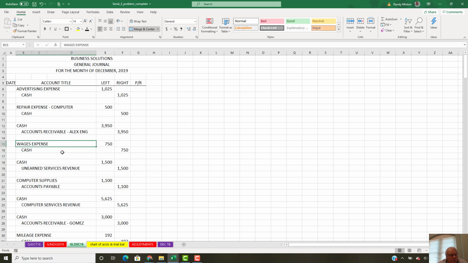Now those represent wages expenses, and we're going to pay her cash. So cash is going down. That's reflected by the fact that it's on the right-hand side. Now, this expense for wages is handled the same way this expense was handled and this expense. It's just a change in the kind of expense that we're going through here. All right, next one.